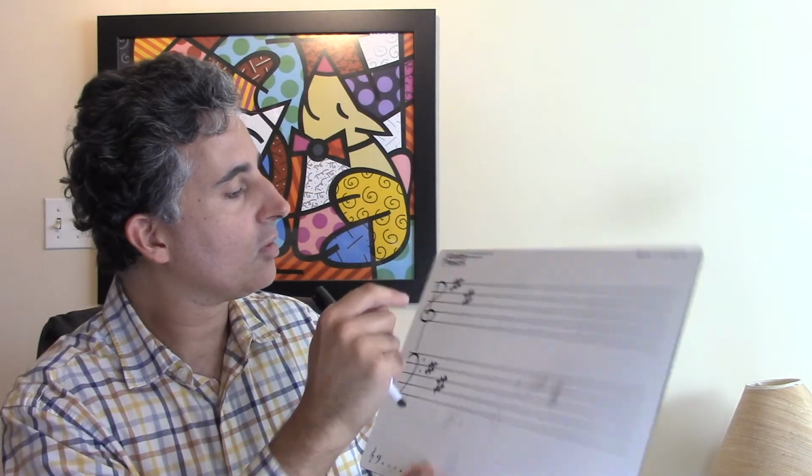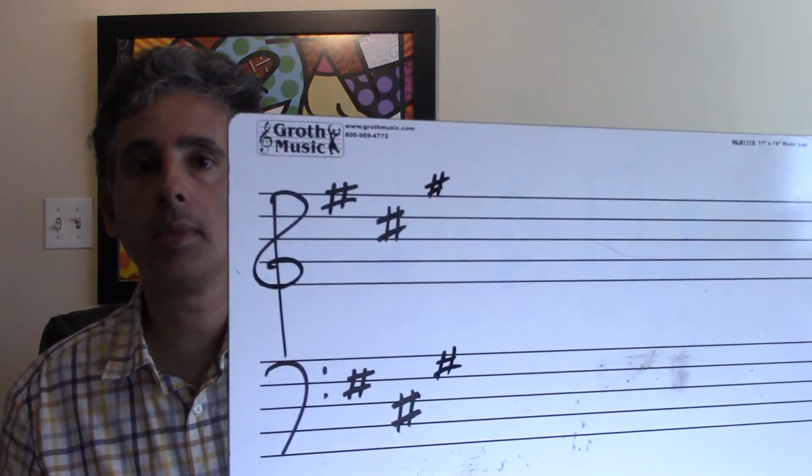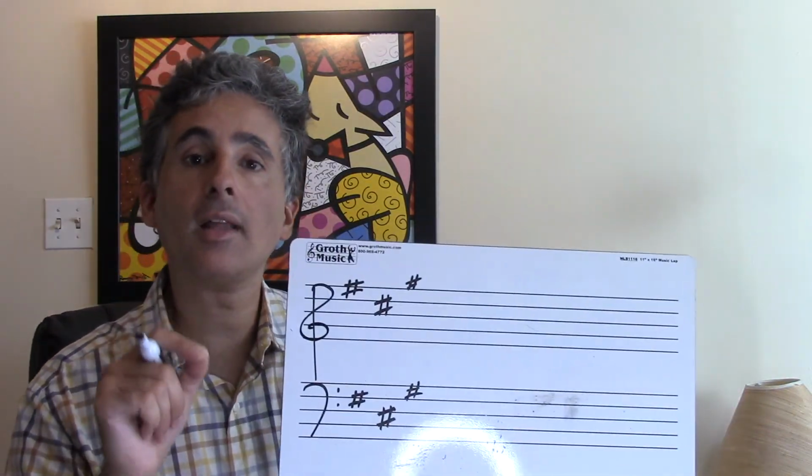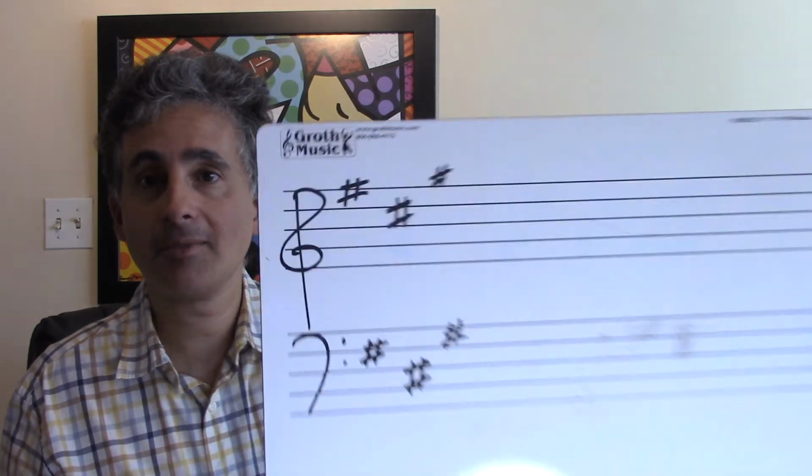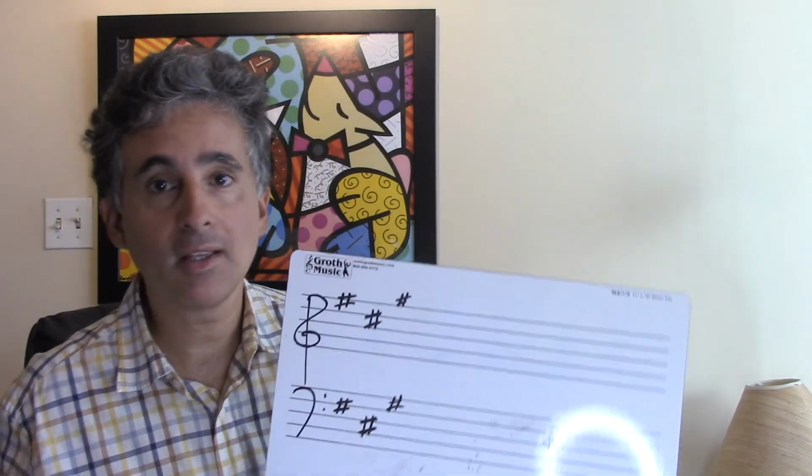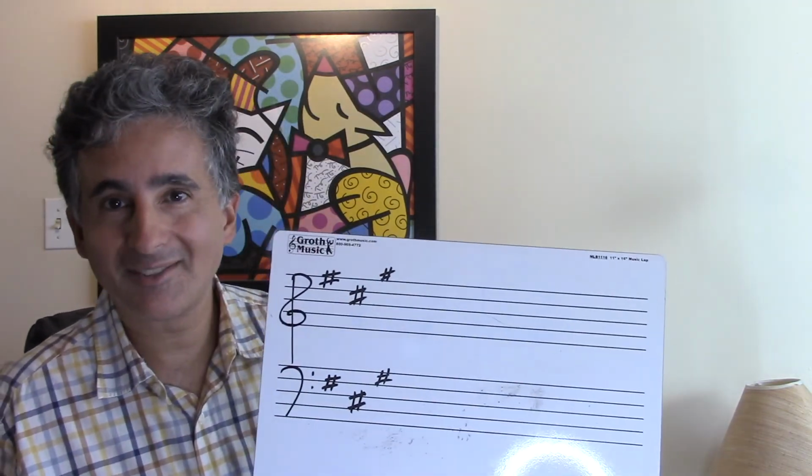So just make sure that when you are writing your order of sharps, or flats for that matter, you write them in the correct place. Make sure they are exactly on top of the line or exactly in the space. So study your sharps and your flats.